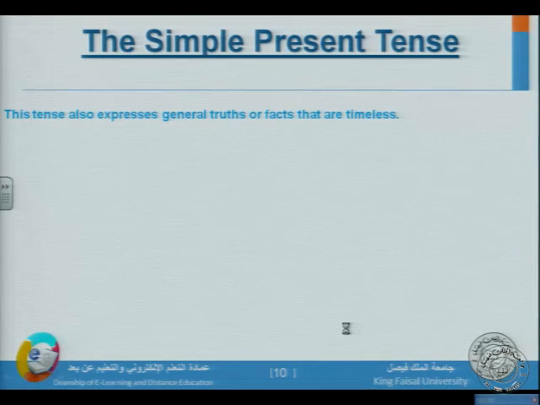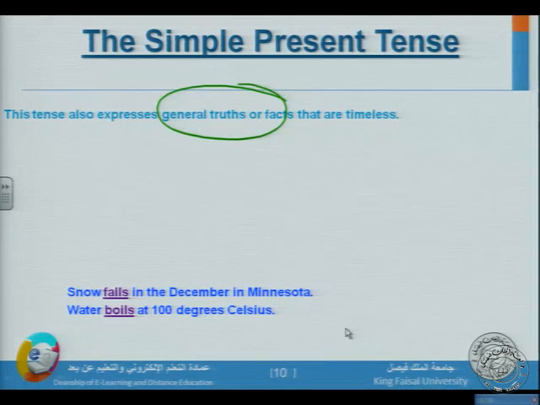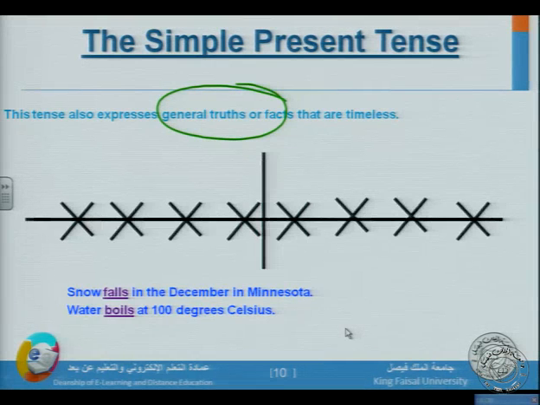This tense also expresses general truths or facts that are timeless. حقائق أو حقائق عامة. For example, snow falls in December in Minnesota. Minnesota is a state in the United States, okay, one of the American states.